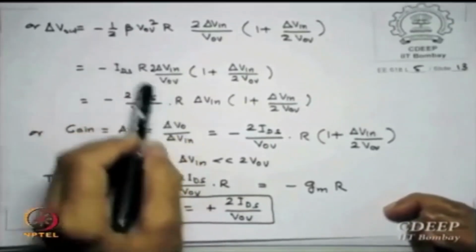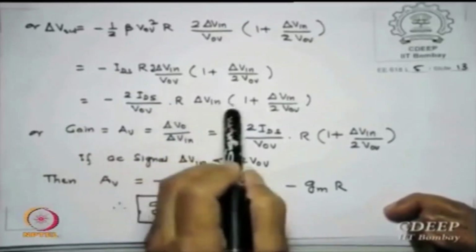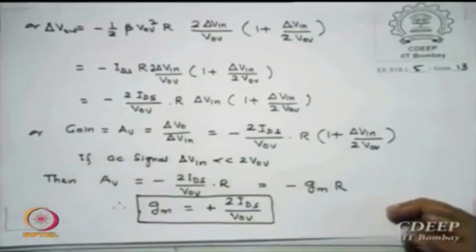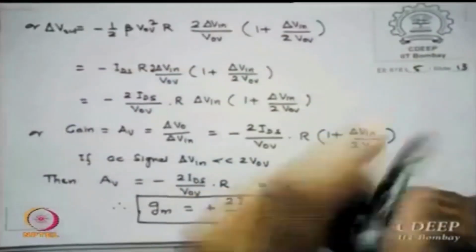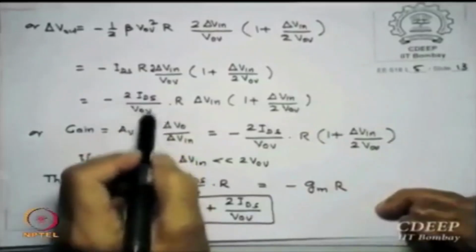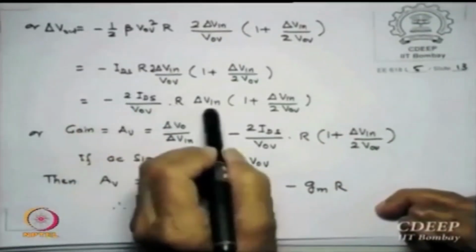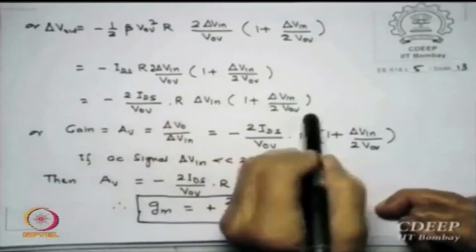The remainder term is R delta V in into this. Only reorganizing the terms. Nothing great I am doing, I am just reorganizing, because at the end I am looking for the IDS by VOV term. So I get 2 IDS by VOV R, this delta V in, 1 plus delta V in by 2 VOV.